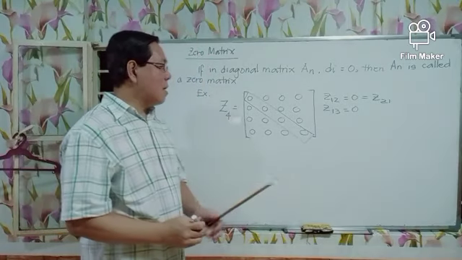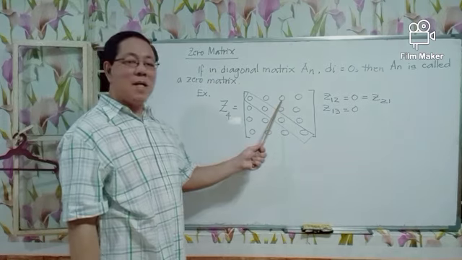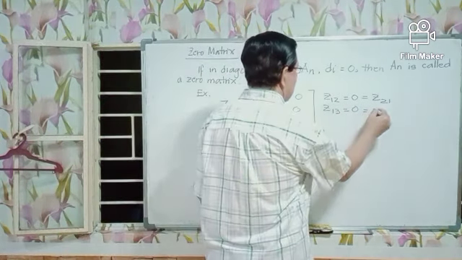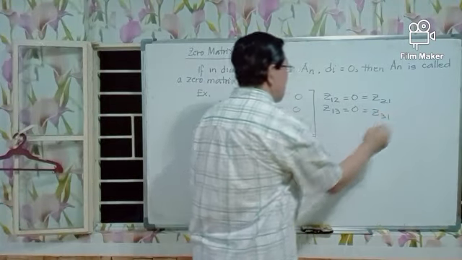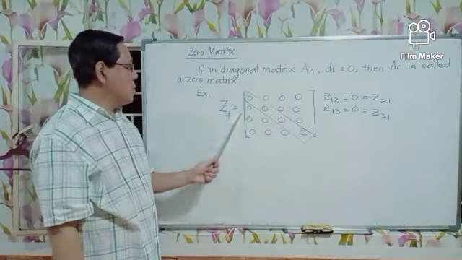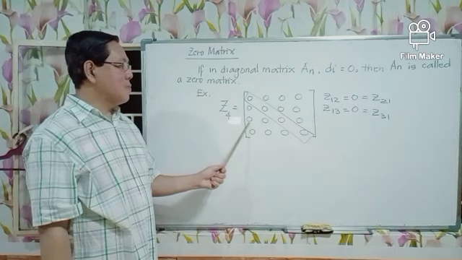And you can see that this entry Z sub 1,3 is equal to the entry Z sub 3,1. Z sub 3,1 is the entry in the third row and first column.